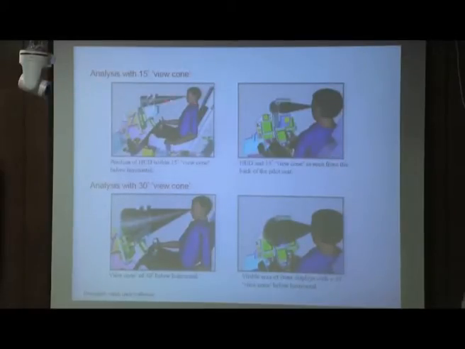Then we create the eye view cone of 15 degree below horizontal eye level. Then we can find that the head up display is positioned correctly. So the pilot will be able to see the head up display while his eye is at the design eye point.